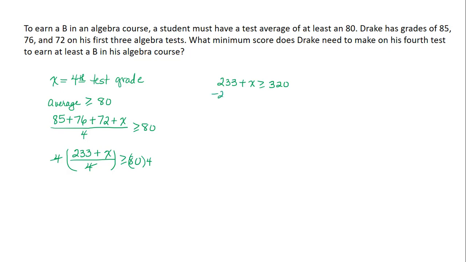Subtract 233 from each side to get x is greater than or equal to 87. So recall that x represents the score of the fourth test. Therefore, Drake needs at least an 87 on the fourth test to earn at least a B in his algebra course.